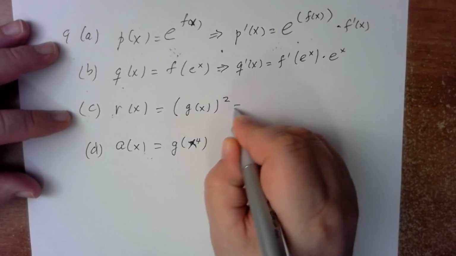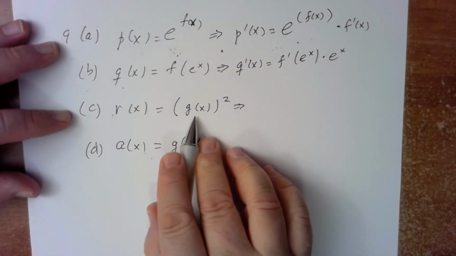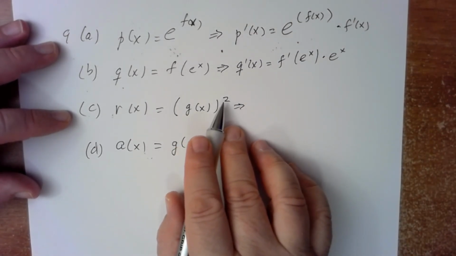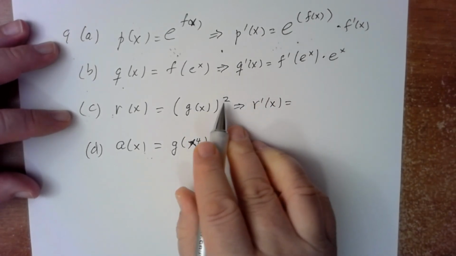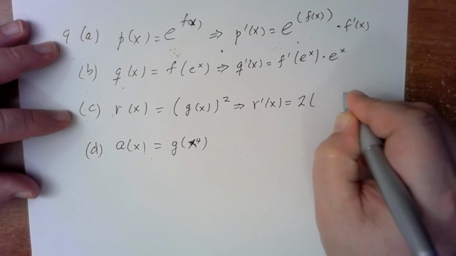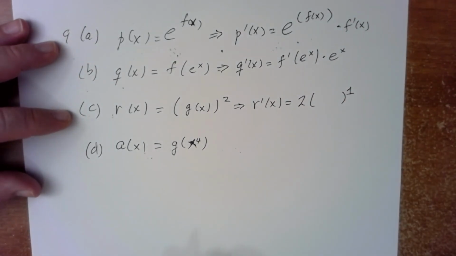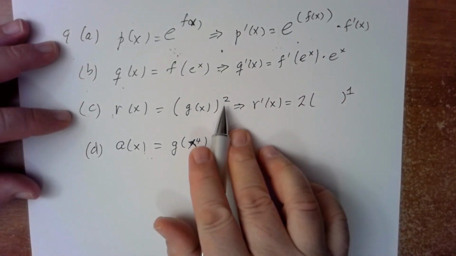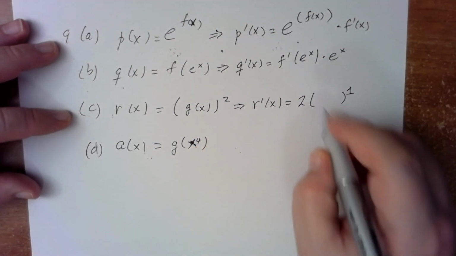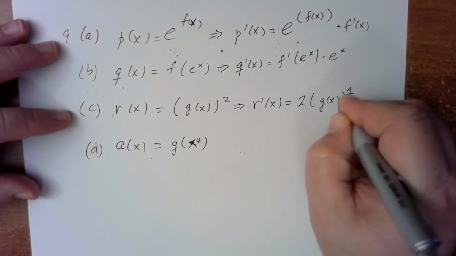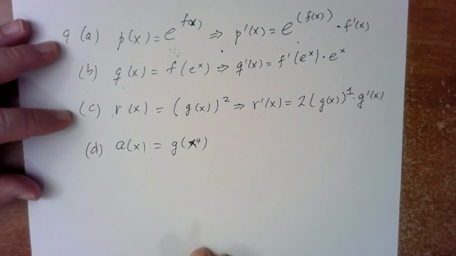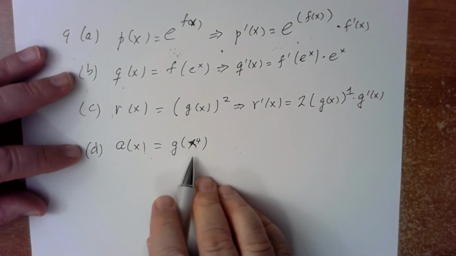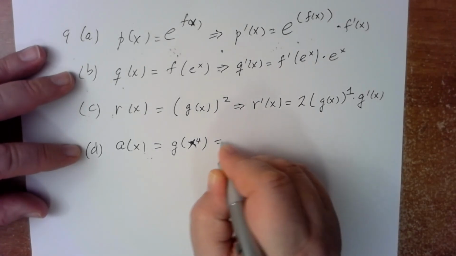Part C. g of x is inside, the square function is the outside, so when I take the derivative, it's going to be 2 times something to the 1 power, right? That's the derivative of the square, the outside function. And so g of x is just put inside there, times g prime of x.